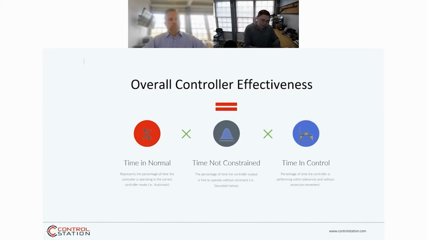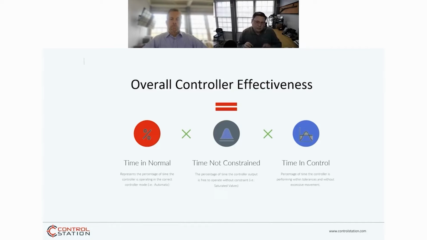So we take that time in normal, times the time that we're not constrained or we're able to do the job, multiplied by this third factor, which is time in control, right? Now, what is time in control? Well, it depends on the type of application or the metrics and KPIs. And I'll give you a couple of examples here on the next slide.